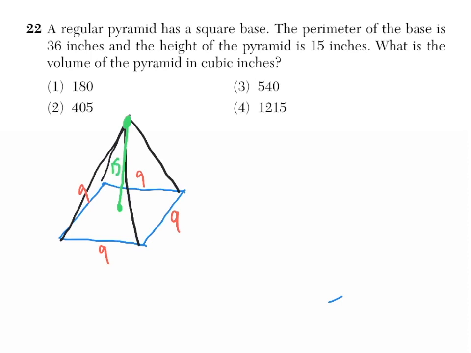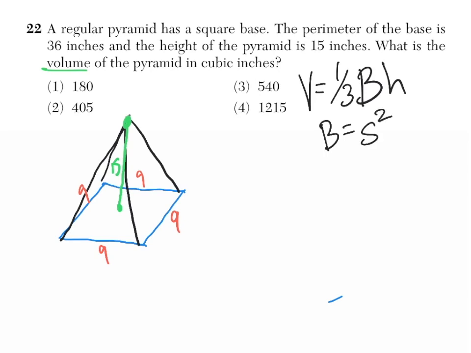And it says, what is the volume of the pyramid in cubic inches? That's what we're looking for right now. The formula for volume of a pyramid, of course, is volume equals 1/3 base times height. And I know that when we're talking about base, in this case, because it's a square, it's the side squared. Amazing. So let's plug in values for this pyramid. It's going to be 1/3.